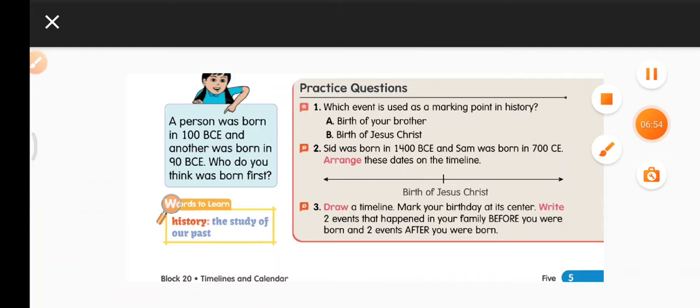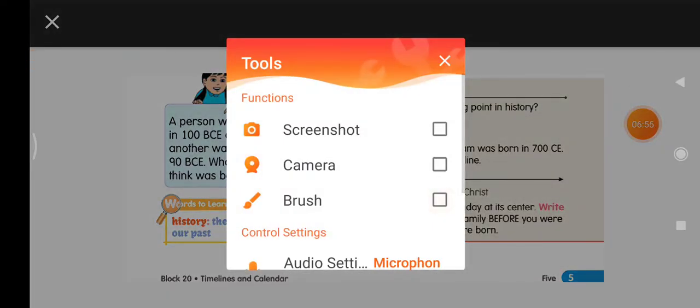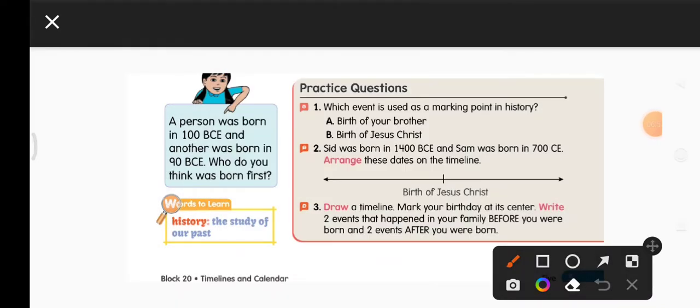So you are going to show Sid here, and you are going to show Sam here, and write the year next to the name.